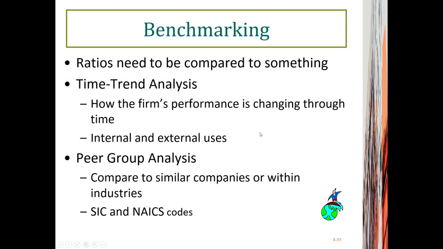And as I said, comparison is key, and those ratios can be used to do both historical comparison and peer comparison, and sometimes we call those comparisons time trend analysis and peer group analysis.